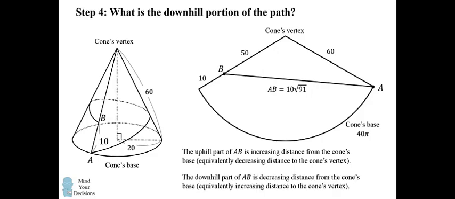The downhill part of AB is decreasing distance from the cone's base, which is equivalently increasing distance to the cone's vertex. So if we draw some slant heights, which will be represented as radii on this circular arc, the uphill portion will be decreasing distance to the cone's vertex, and then the downhill part will be increasing.